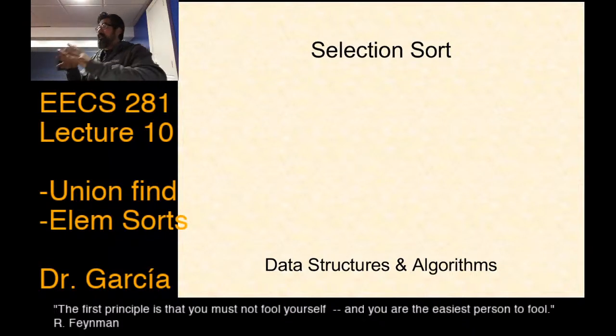Selection sort, again, going back to, if you told me to go ahead and implement a sorting algorithm for this array of integers, I think that insertion sort is probably the one that I would come up with, right? Because insertion sort is the closest to, if you're playing cards and you're given a hand of cards and you're told to sort them.